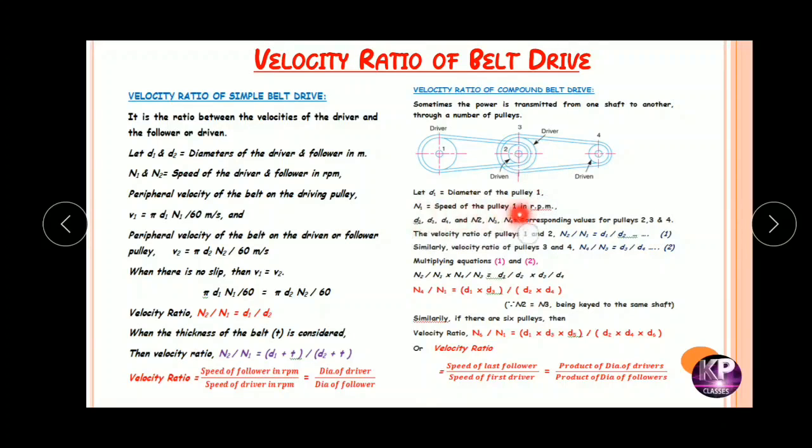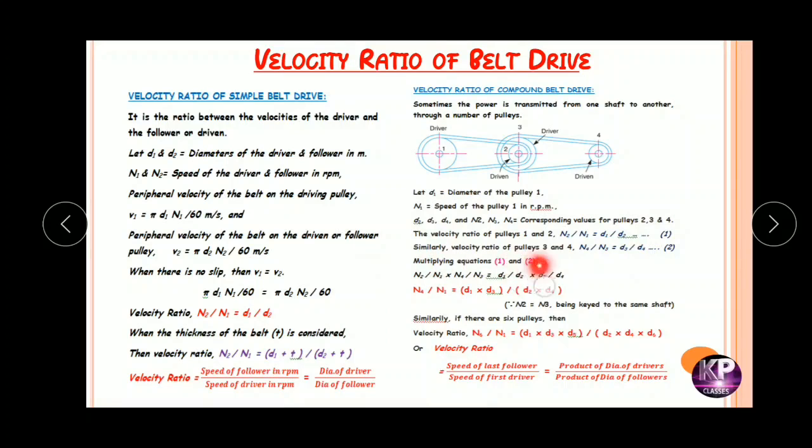Let d1 equal to diameter of pulley 1, n1 equal to speed of pulley 1 in rpm. Similarly, d2, d3, d4 and n2, n3, n4 are corresponding values for pulleys 2, 3, 4. The velocity ratio of pulley 1 and 2 equal to n2 by n1 equal to d1 by d2, as in a simple belt drive.